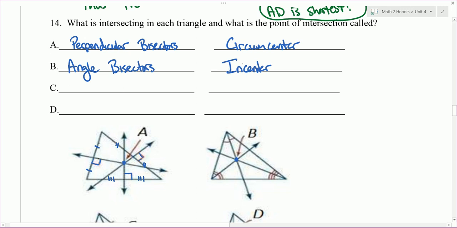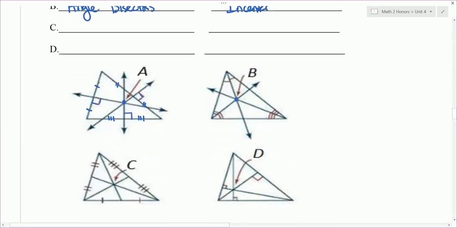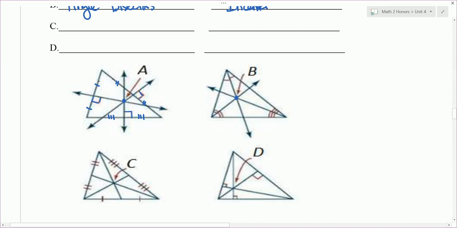All right, part C. What's going on here is each of these segments are segment bisectors, and we call them medians. So a median is something that goes from a vertex to a midpoint of the opposite side. And so in C, we have three medians, and they intersect at a point called the centroid.